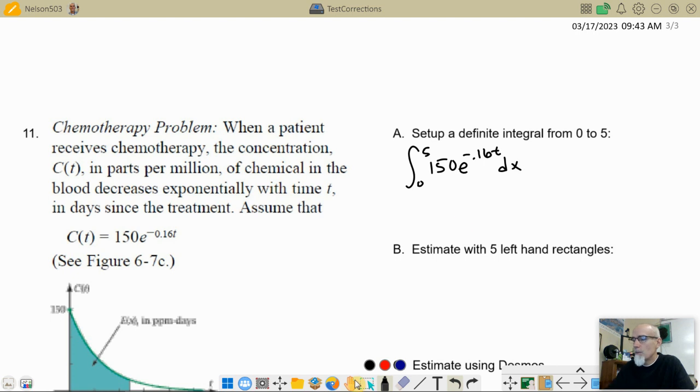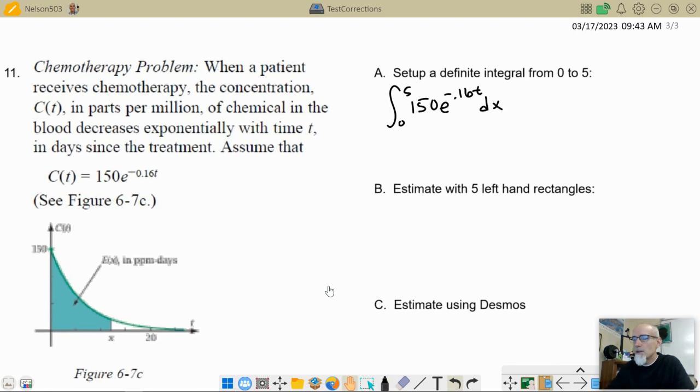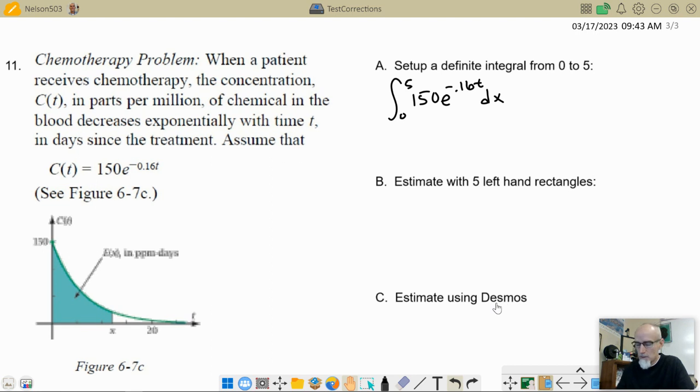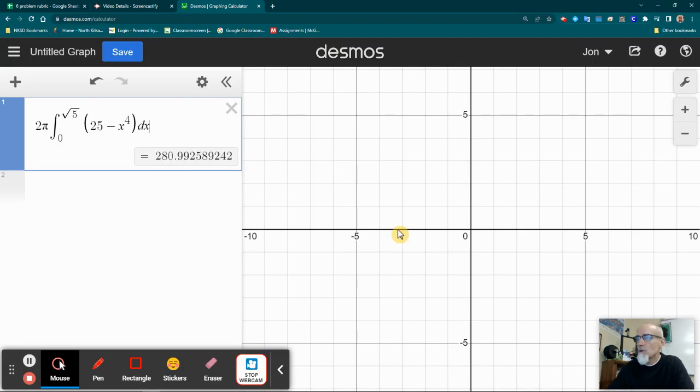And then on part C, it wanted us to estimate that using Desmos. Somebody said it would make more sense if I would have just put the word evaluate part A using Desmos.